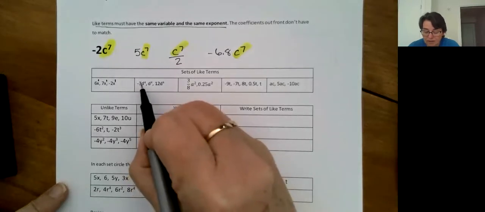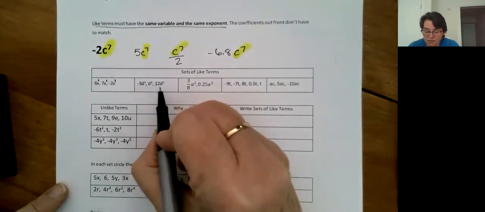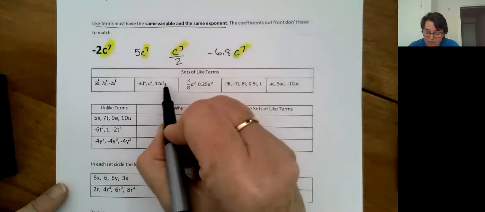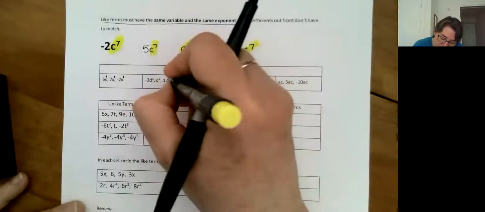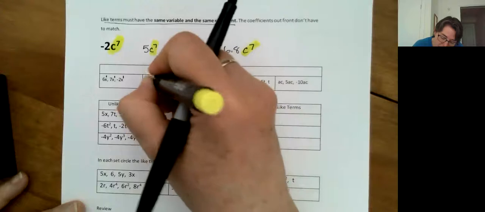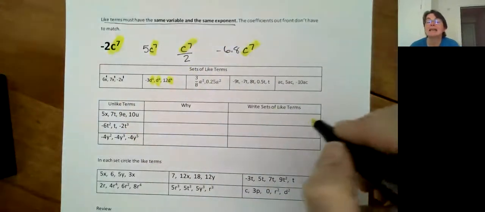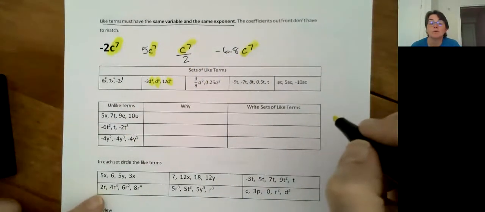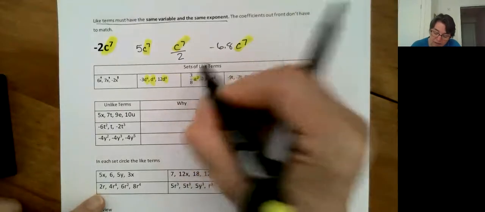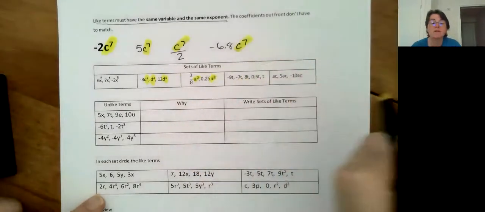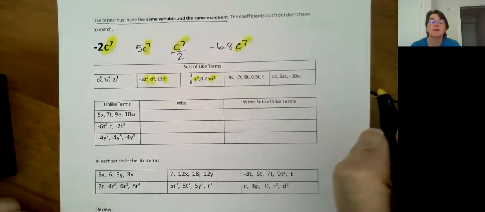Now we've got negative 3d to the 4th, and d to the 4th, and d to the 12, d to the 4th. The exponent is the same every single time. It's a d, and it's a superscript 4. So we're golden. Right? And we've got a squared here. I don't have to care whether it's a fraction out front or a decimal.